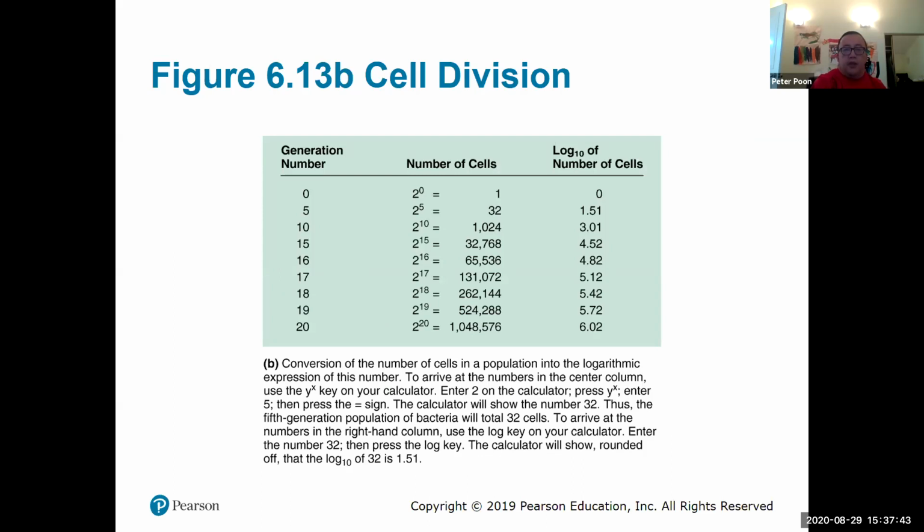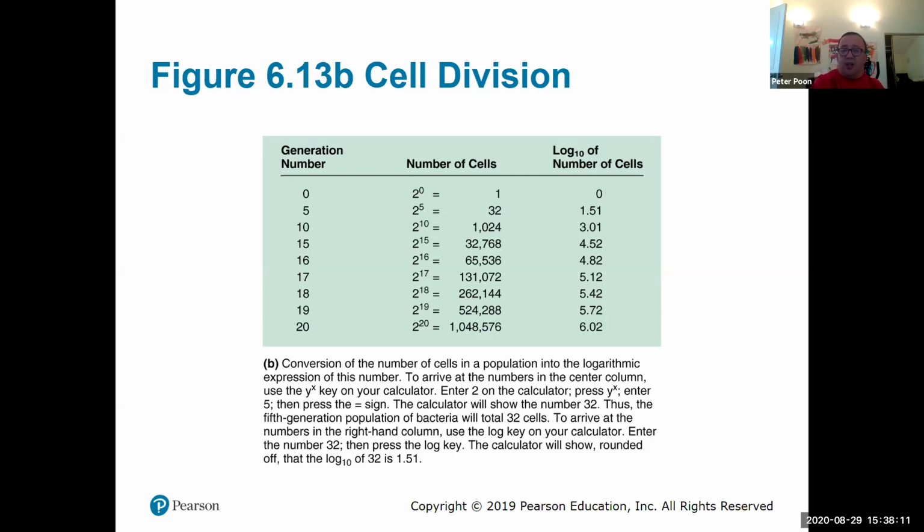Okay. So you can see how fast they divide. After 20 generations, you get 1,000,000 cells. If they divide every 20 minutes or so, which is the fastest division time, 20 generations is a little less than 7 hours.